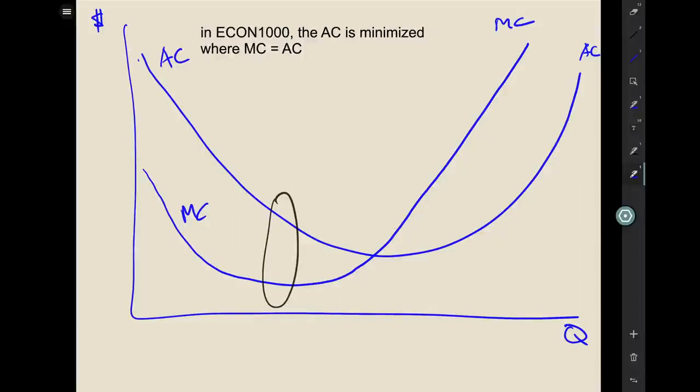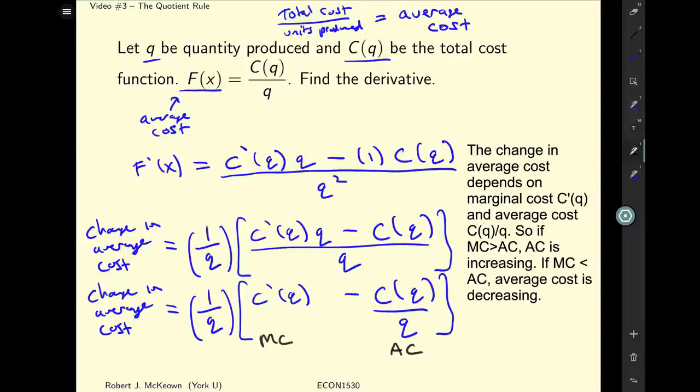If marginal cost is above average cost, then we're going to be over on this side of the diagram. The last thing I'll say about this example is notice that we don't really care too much about the Q. Q tells us something about quantities, and that might be important, but MC and AC are not just telling us about quantities, they tell us about the sign.